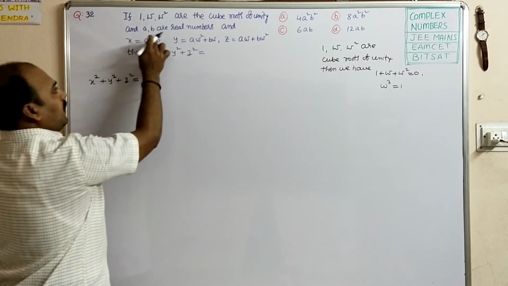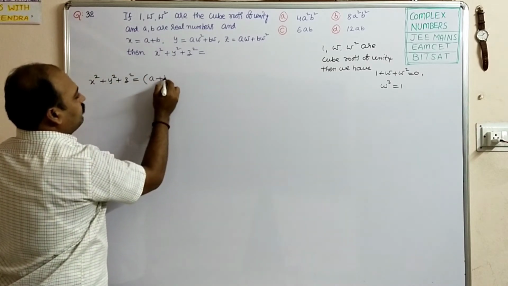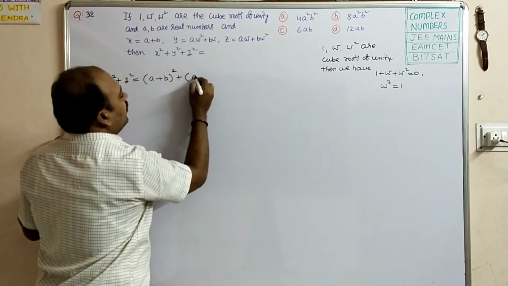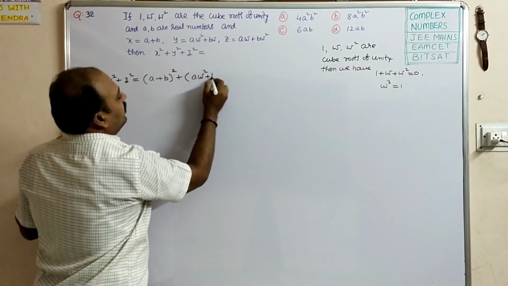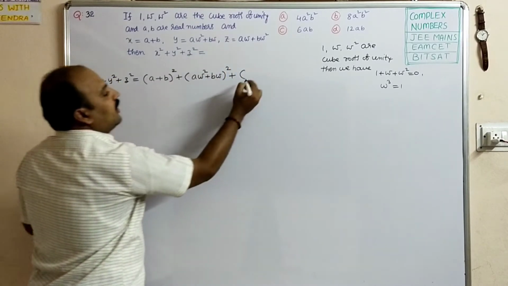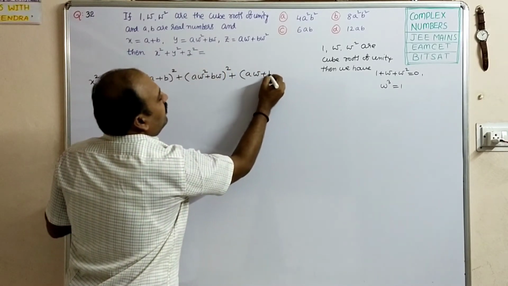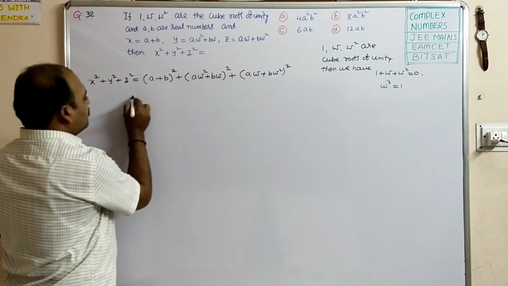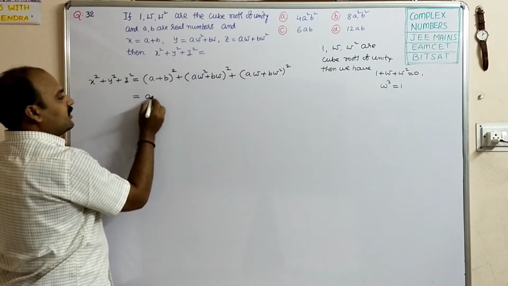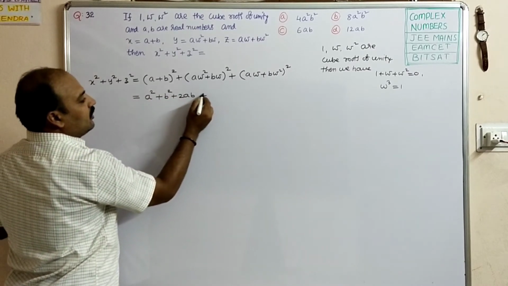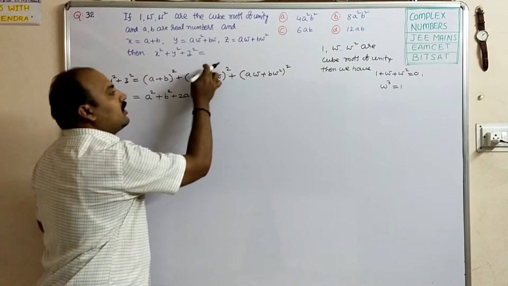x square, a plus b whole square, plus y square, a omega square plus b omega whole square, plus z square, a omega plus b omega square whole square. Now substitute. A plus b whole square means a square plus b square plus 2ab, plus a omega square whole square.